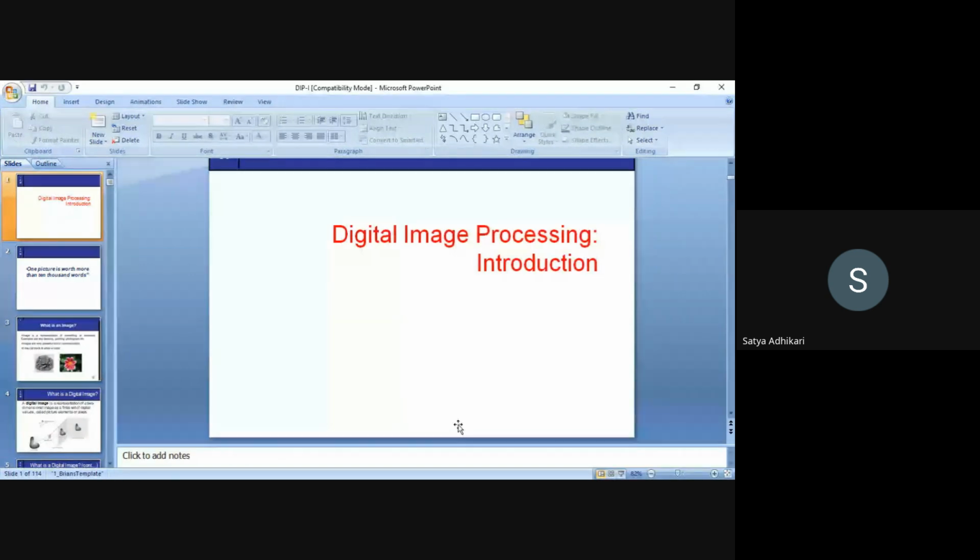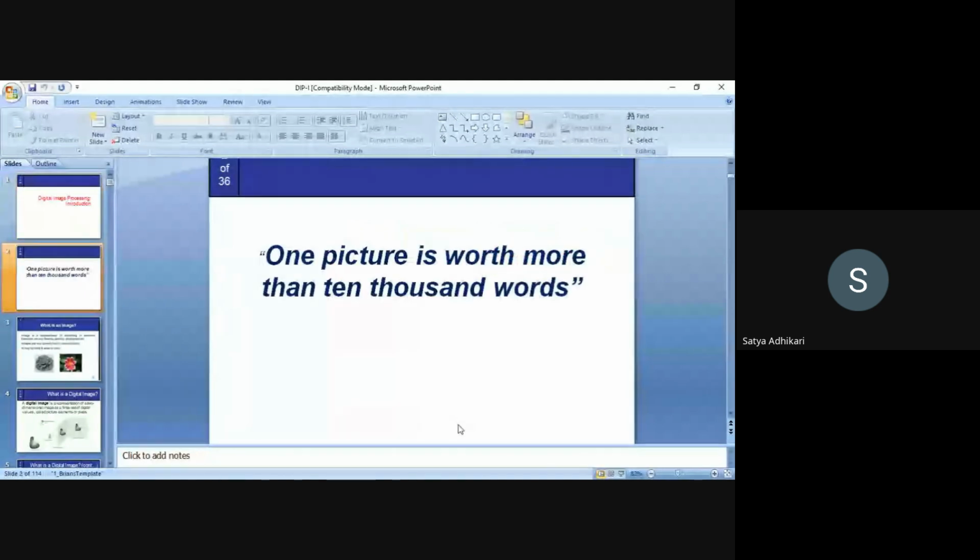Let us come to the introduction. So this is a statement: one picture is worth more than 10,000 words. Do you agree with the statement?